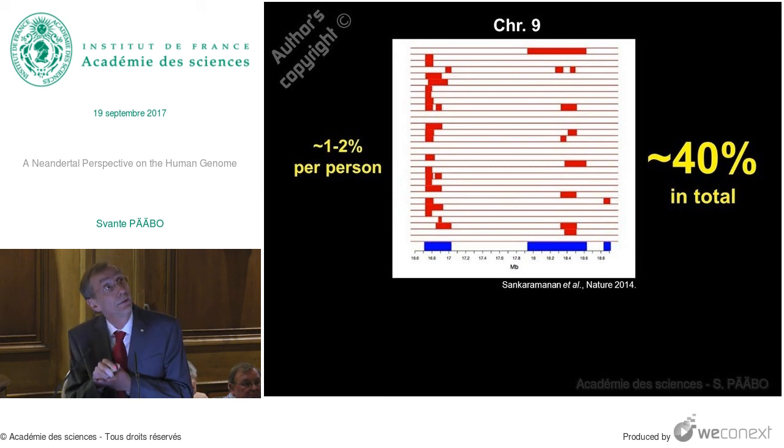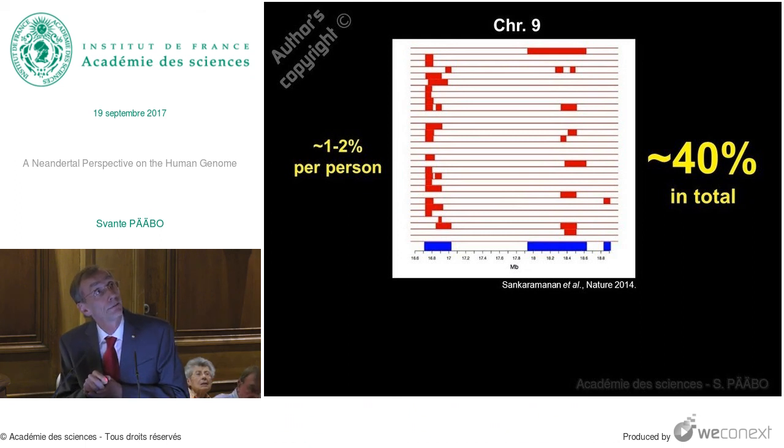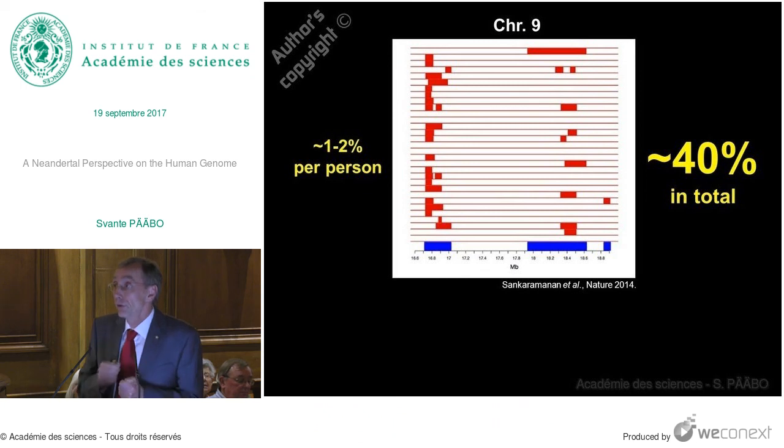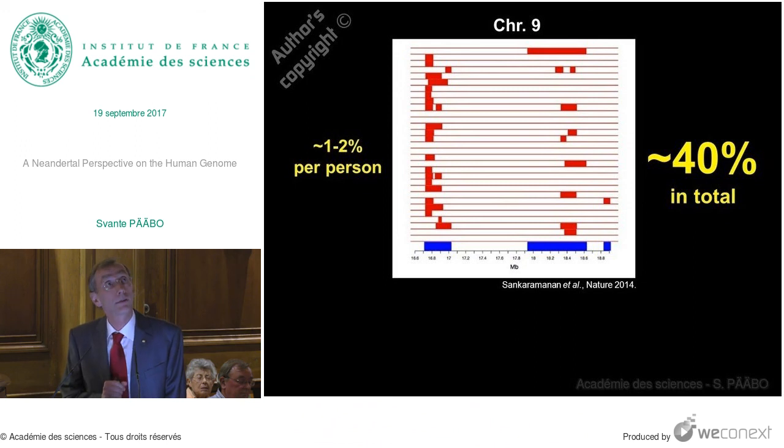What we can do with this high-quality genome is look at one chromosome here, in many people today. Each line is a person today, and indicates fragments of DNA that have close similarities to the Neanderthal. And we can ask, how much do people today carry from the Neanderthal? That indeed turns out to be 1 to 2% of the genomes of everybody outside Africa. But what you will also see here is that different individuals tend to carry different fragments from the Neanderthals.